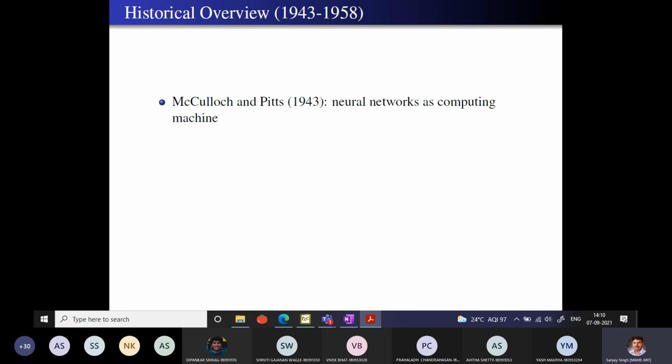Before I go about the perceptron, let me cover the formative years of neural networks. It starts from the seminal work of McCulloch and Pitts, who gave this idea in 1943. They hypothesized that a neuron can be modeled as a computing unit. They were the first ones to say so, in 1943.